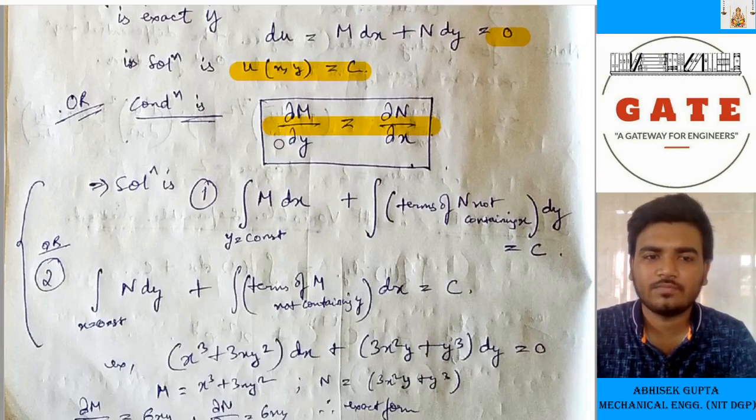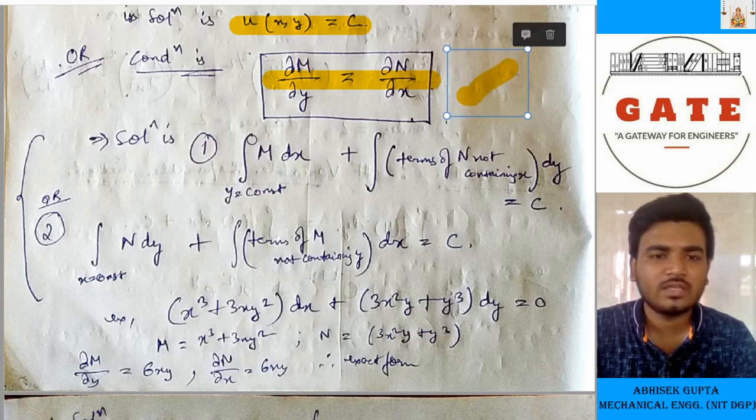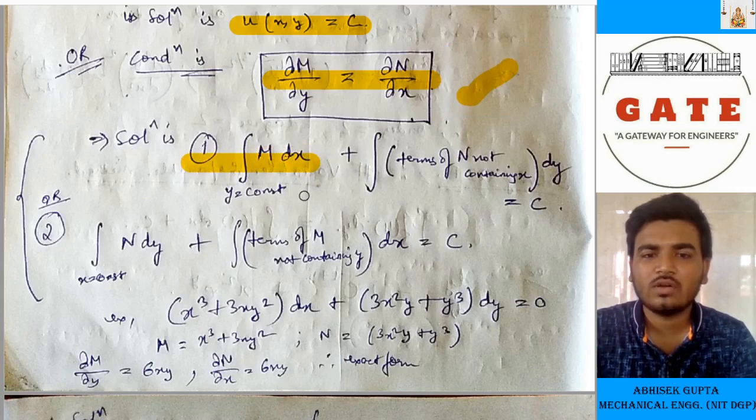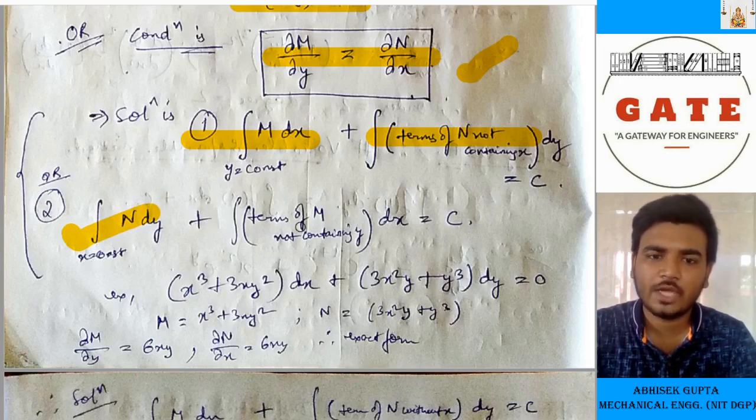For the given equation to be in exact form, if this condition is satisfied, then the solution is integration of M dx with y constant plus integration of the terms of N not containing x, into dy, equal to constant. Or another solution will be integration of N dy with x constant plus the terms of M not containing y into dx equal to c.